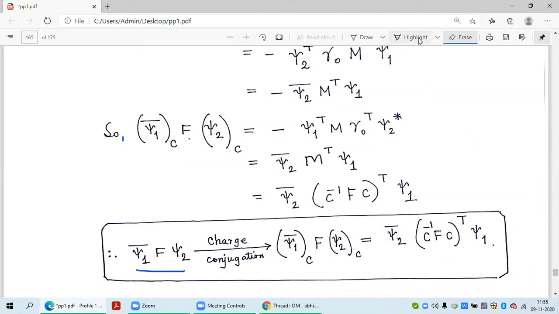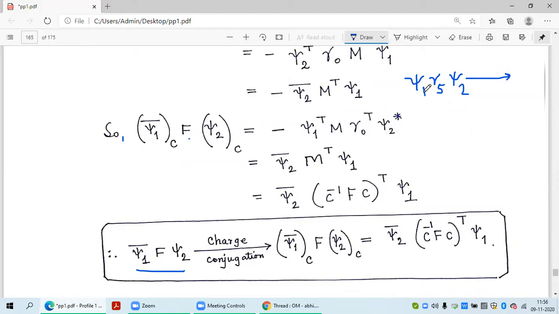Like you remember when we did parity transformation of, say, psi1 gamma, say something gamma 5 psi, say f is gamma 5. When we did parity transformation, we take the same psi.